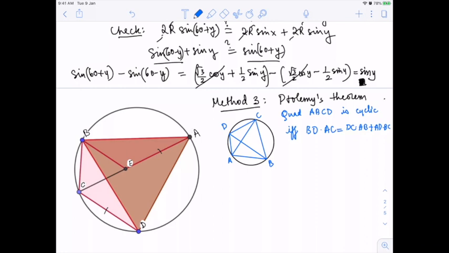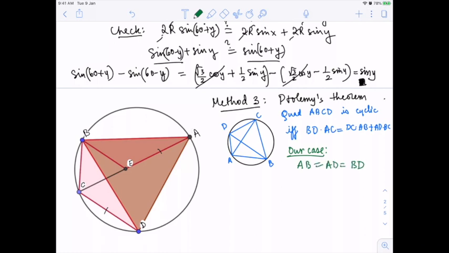Now if you apply it in this problem, you have this quadrilateral ABCD which is cyclic. So you just plug it in and use the fact that ABD is equilateral. We use the fact that AB is equal to AD is equal to BD, because ABD is equilateral.